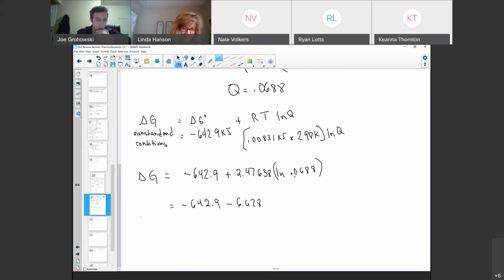There. And then just take negative 642.9 minus that answer. That can all be done in one big calculator sweep. I'm going to hit it again: 0.00831 times 298 times the natural log of 0.0688, then negative 642.9.